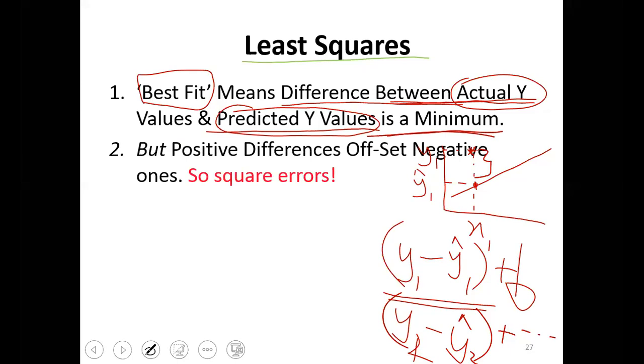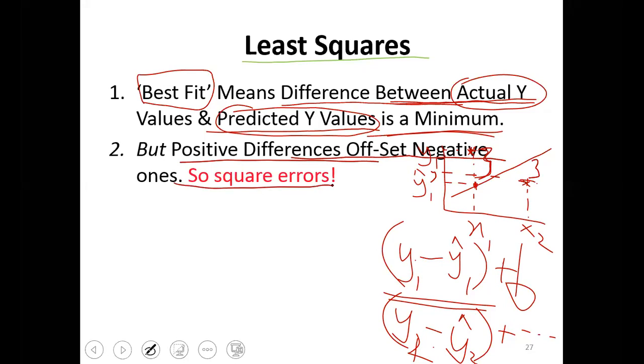You can see what the problem is here. If I take a value here, let's say this is x2, this is y2, here the difference is minus, here the difference is plus. When you add the minus and plus, they will cancel off. That is the problem here.